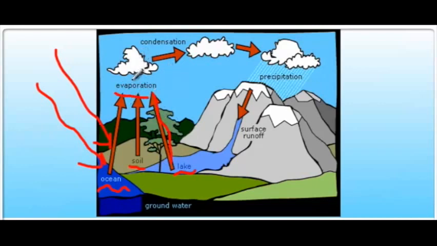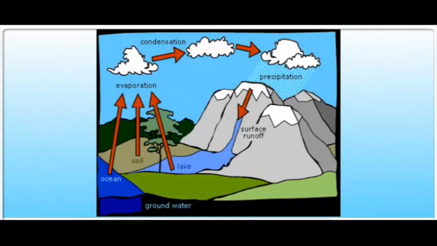Once that water vapor rises up into the atmosphere high enough, it'll start to condense into clouds, and as that condensation increases, pretty soon you have a nice big cloud here, and that water vapor will return to its liquid form in the form of precipitation, which will be rain, snow, sleet, or hail.